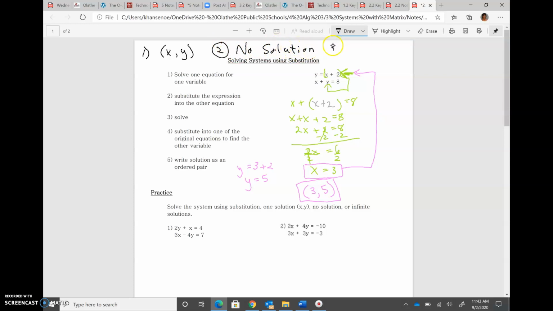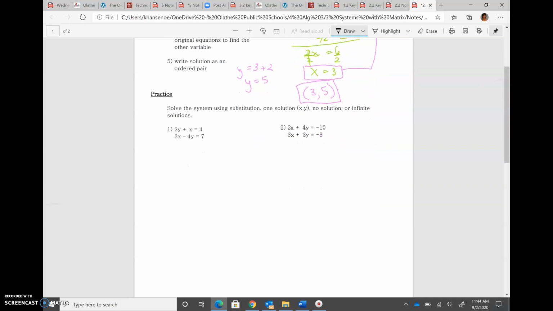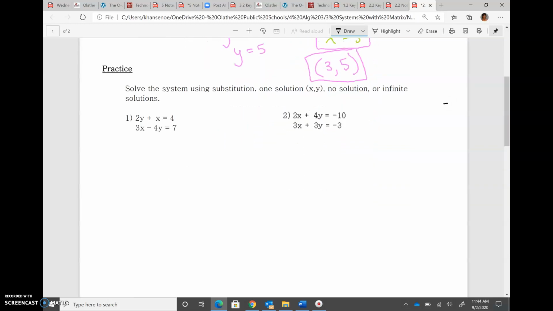And the third one, I can have infinite solutions. Oops, it helps if I spell infinite right. So remember, because we're dealing with systems, every single time you're going to have 3 choices for an answer. All right, so then let's look at the next problem here.